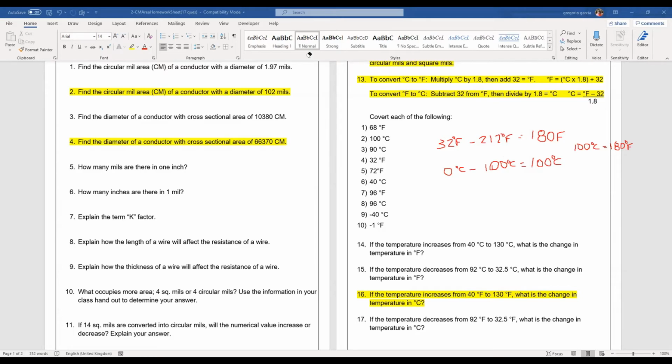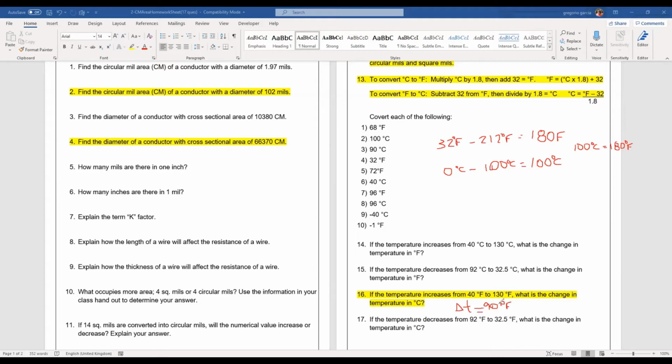But what I want to emphasize is, if we have a problem like this, 130 minus 40, and you have 90 Fahrenheit, and you want to know what was the change in temperature in Celsius, this delta T was equal to 90 Fahrenheit.